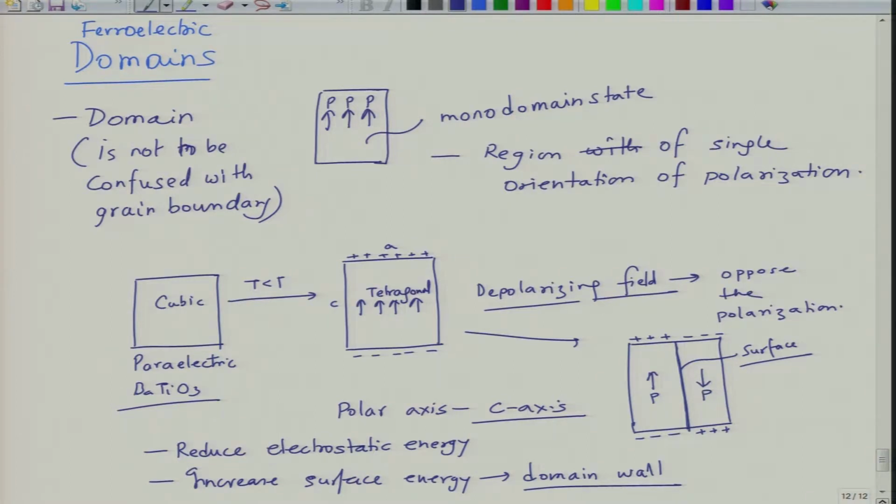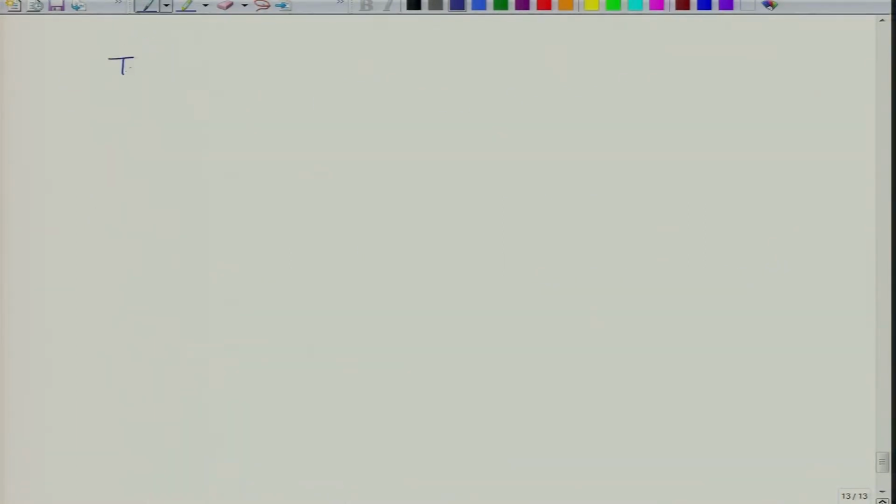Just like a grain boundary, you will have a domain wall energy. So these domains are created. Now, the type of domains created will depend upon the type of material. For example, if you have a tetragonal crystal, you will create 180-degree domain walls and 90-degree domain walls.